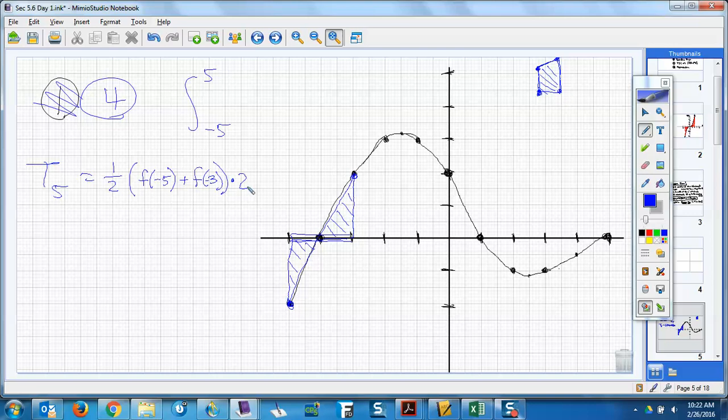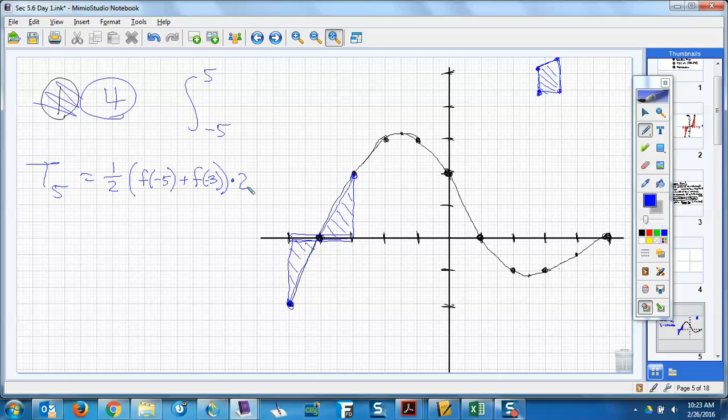If we know -5 to 5, and we know the width is 2, we know our first trapezoid would start at the left edge, -5, and then since the width is 2, we'd go over to -3, which would be the other side of our subinterval. And so we can write all of this down without any of this picture over here.